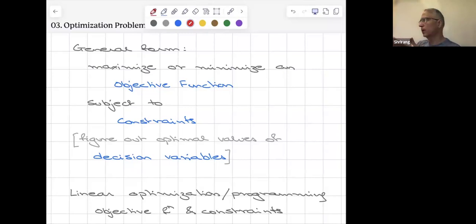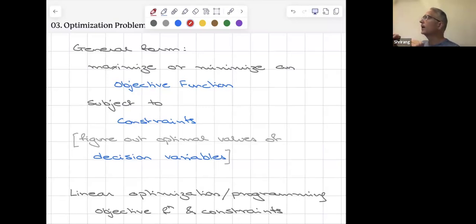I don't have x1 into x2, in both the objective and the constraints. Then we get what is called a linear optimization problem, also known as linear programming. It's a fascinating field. We are going to be looking at gradient descent, which is very specifically a linear optimization approach.